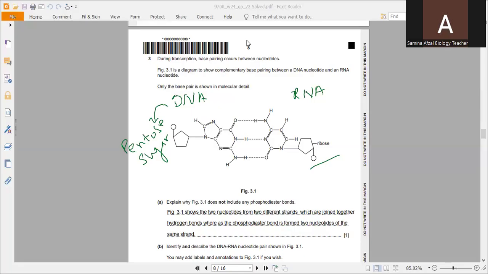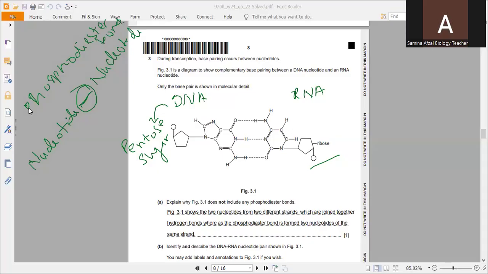Now the question is why there is no phosphodiester bond. So students, phosphodiester bonds are formed between two nucleotides. Nucleotides join together with the help of this bond, the phosphodiester bond, which will be formed between two nucleotide molecules in the same chain or strand.